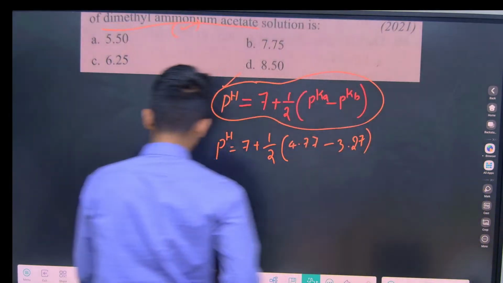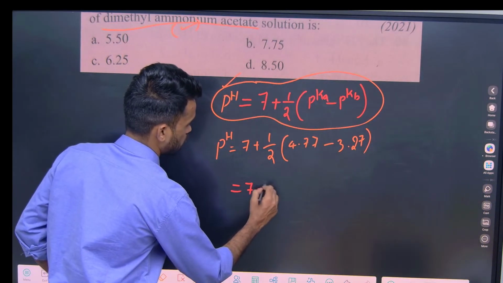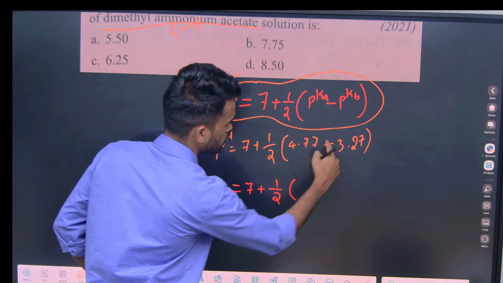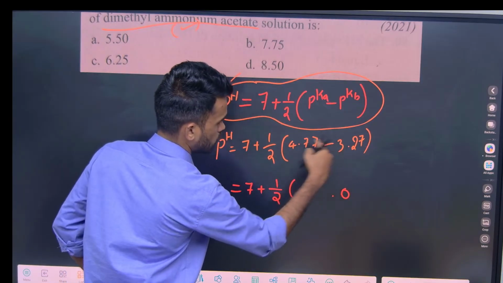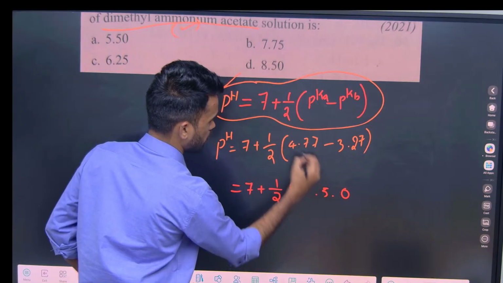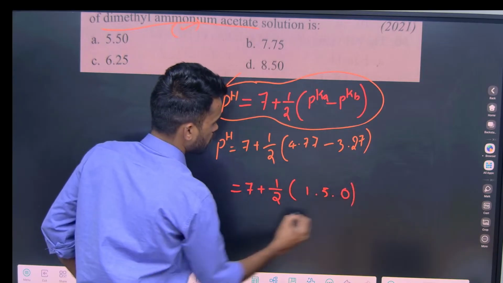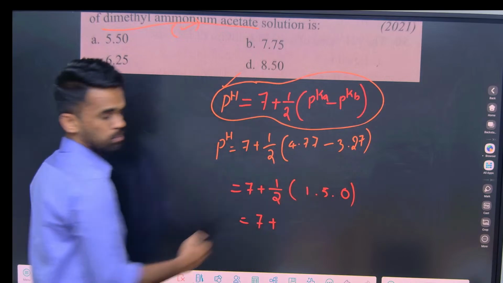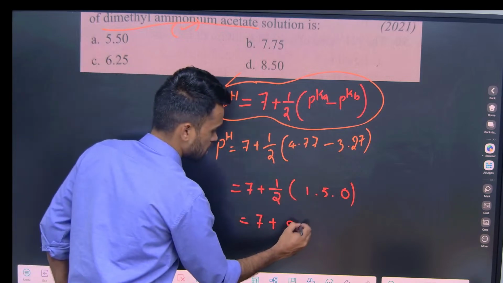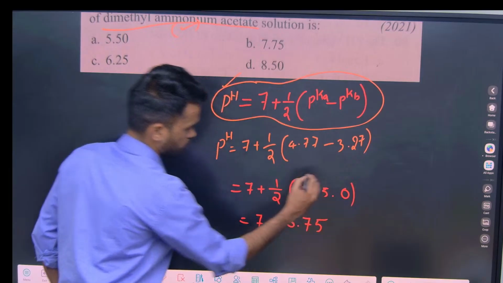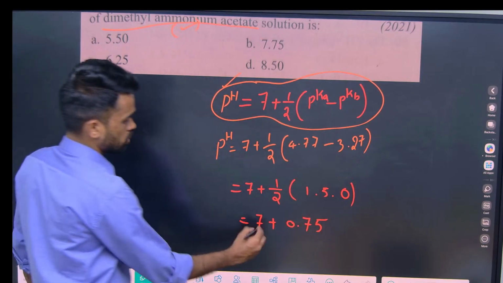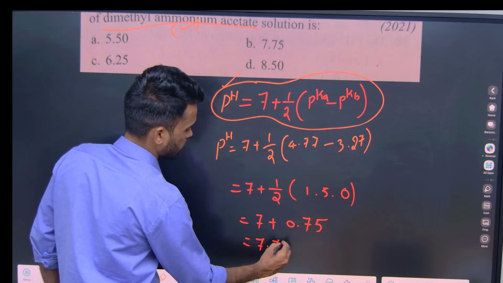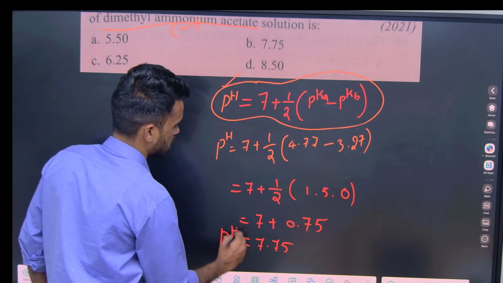We are going to get 7 plus half into 1.5, which is 7 plus 0.75. That's it now, right? So it will be 7.75, the pH of this resultant solution.